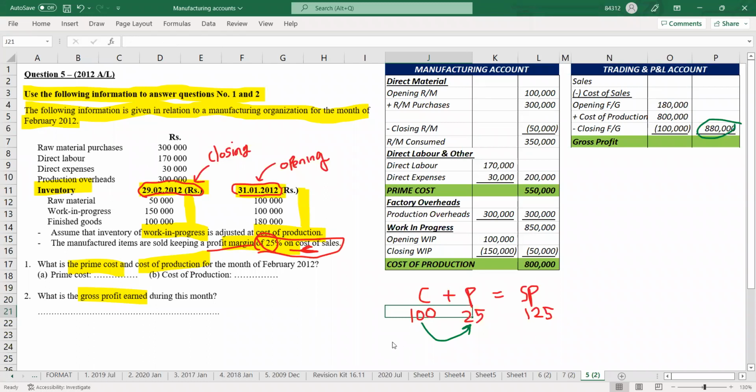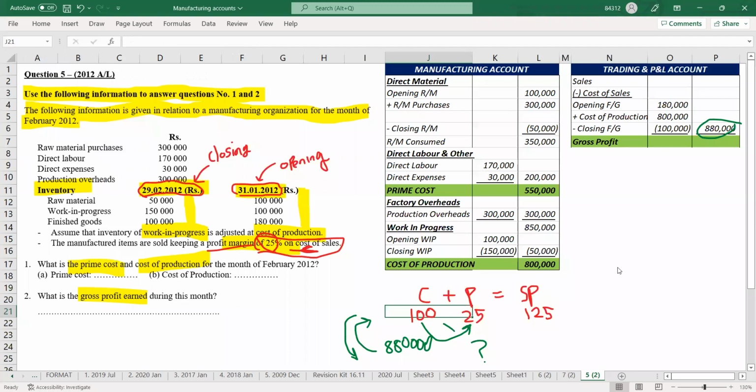Now we have the cost. If the cost is 880, how much is the profit? Then you do cross multiplication. Cross these two and multiply by 25. That is called cross multiplication.